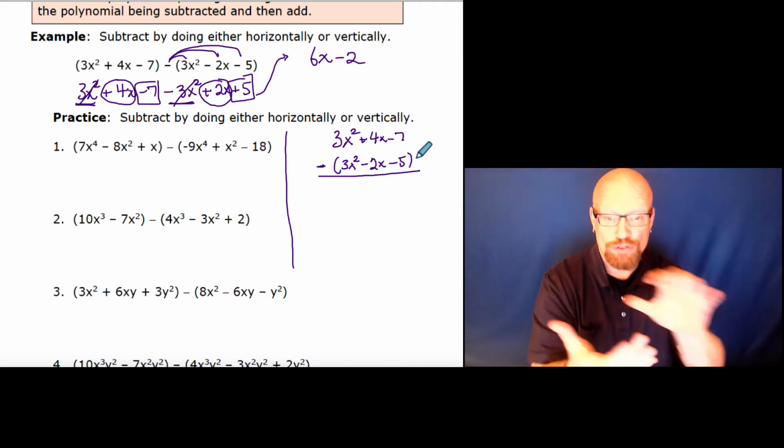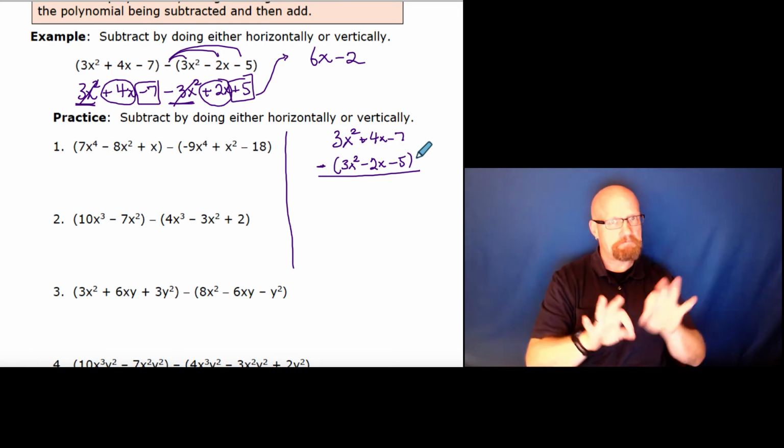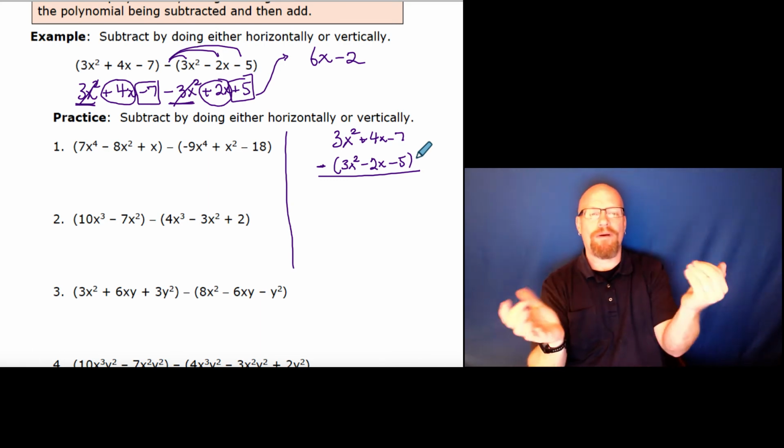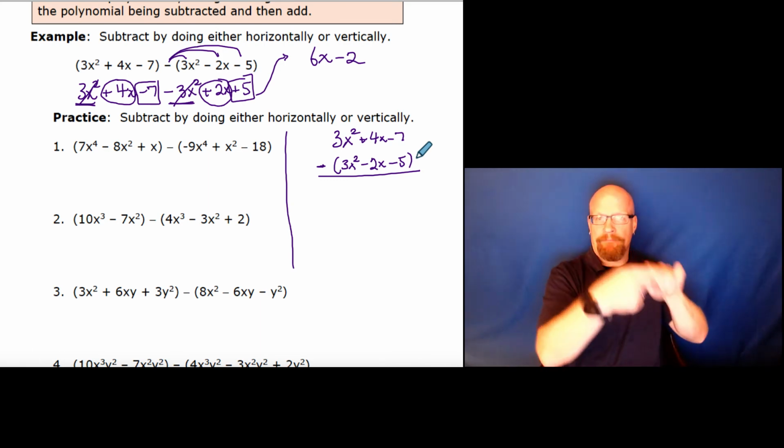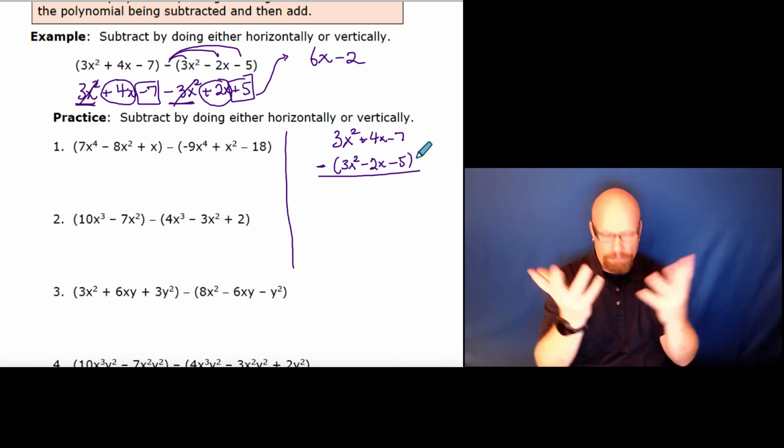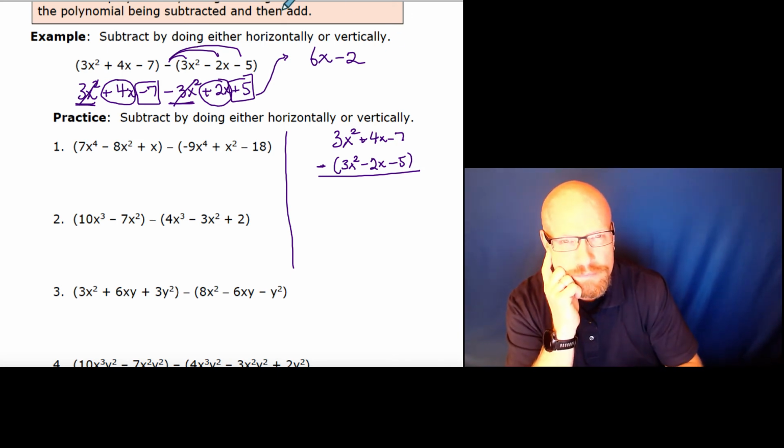Now, we have the subtraction sign, minus, with the parentheses. It's important that you, again, like before, distribute the negative sign.